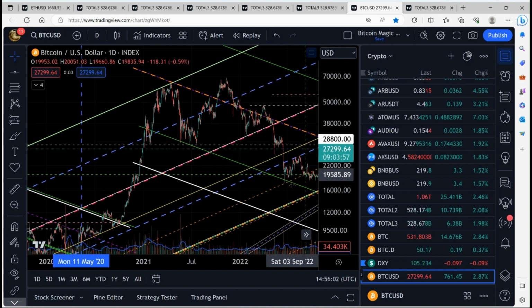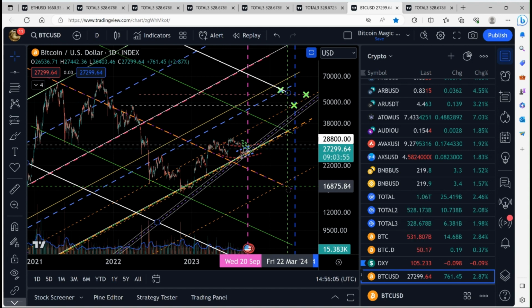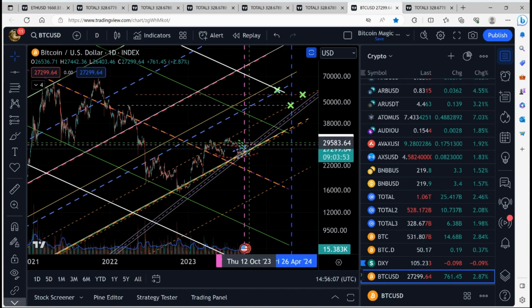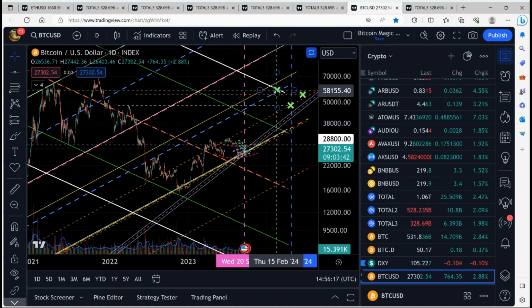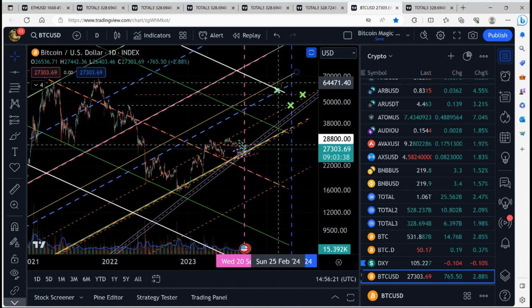Anything else? Oh, yeah. I want to zoom out here. So once we break through all this stuff, I believe we will continue on our major bull run over the course of the next few months, heading up to about 58,000, 58 to 62,000.